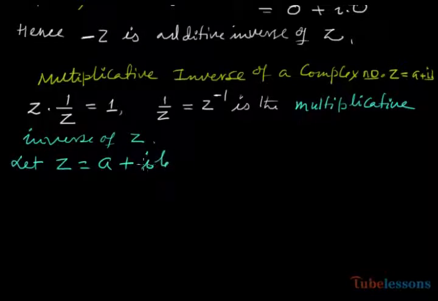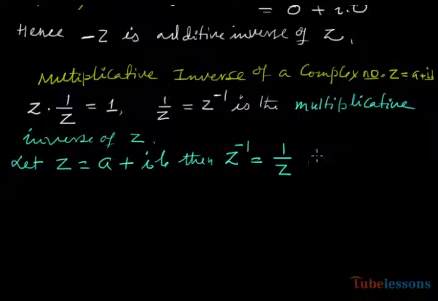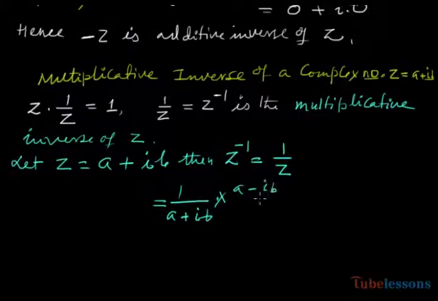Now, Z is equal to a plus ib. Then Z inverse is equal to 1 by Z, equal to 1 by (a plus ib). Now, if you multiply this with a minus ib, this a minus ib is the conjugate of a plus ib.